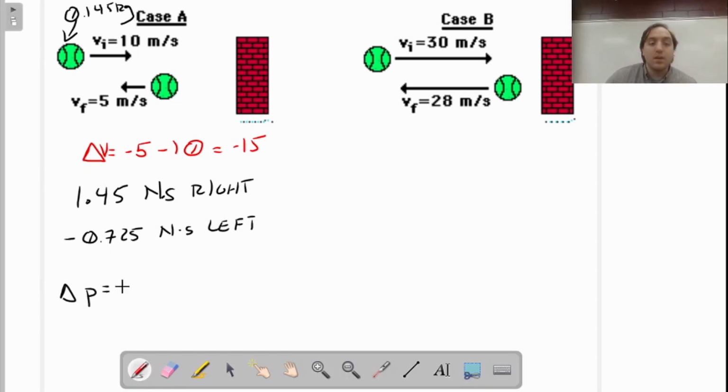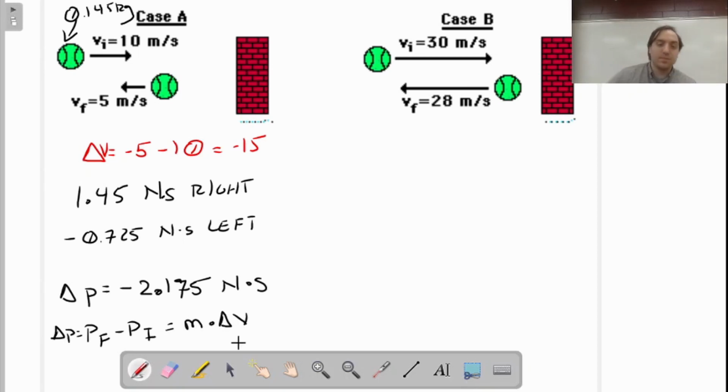Again, calculate. Negative 3.625 newton seconds. Had I just taken the 25 and multiplied that by the 0.145, I would also get the 3.625. In other words, I can take the P final minus P initial, which is delta P, or I can use the m times delta v.